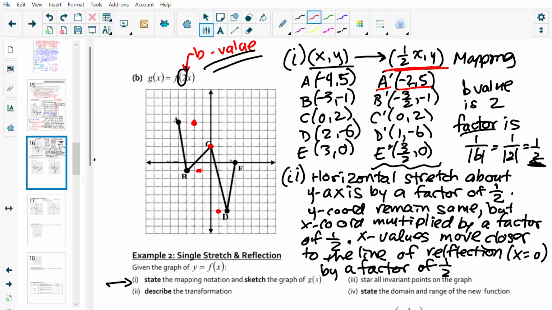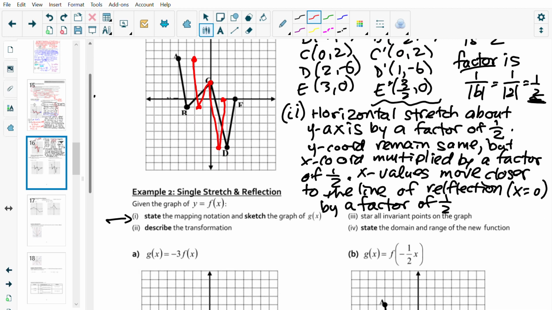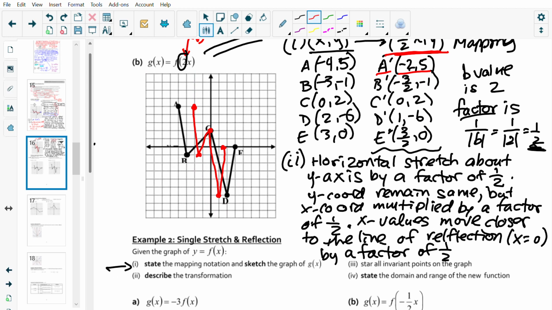And E prime 3/2, 0. So let's connect the dots. Okay, does that look like a horizontal stretch about the y-axis by a factor of 1/2? Sure does. Okay. Let's see, what is next here?